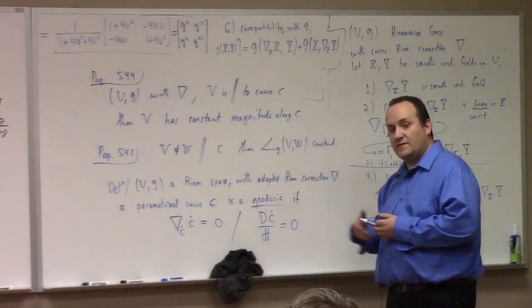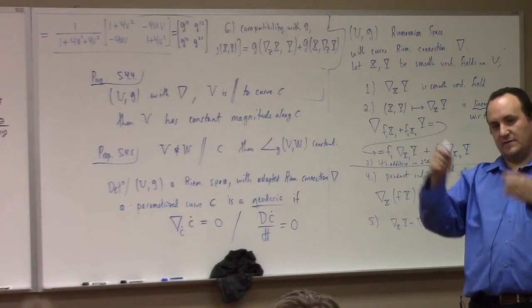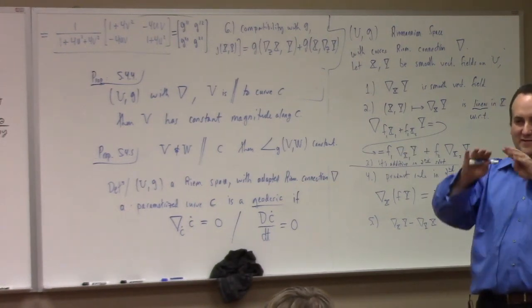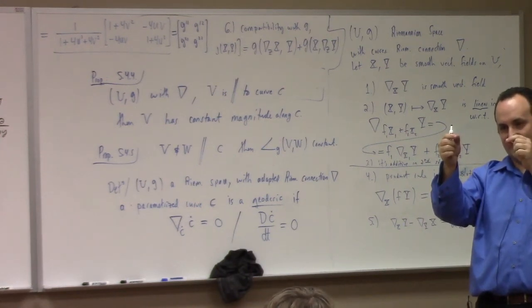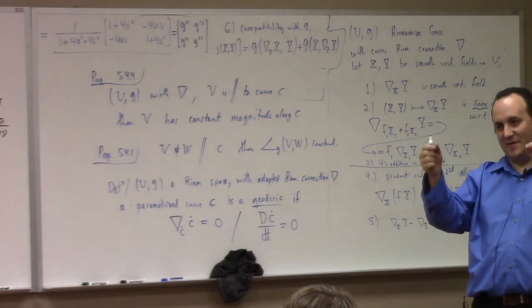And then you can prove that these give you paths of shortest distance between 2 points. Possibly. I mean, you got to be careful. If you're on a sphere and you pick 2 points and you look at a geodesic, there's a great circle, right? So if you go the wrong way, it's not the shortest distance. But if you go the right way, it's the shortest distance.